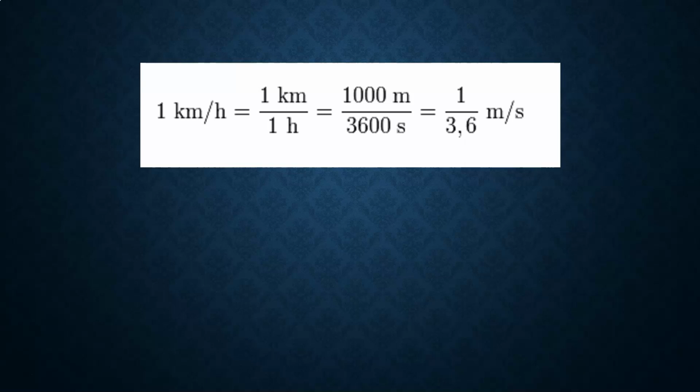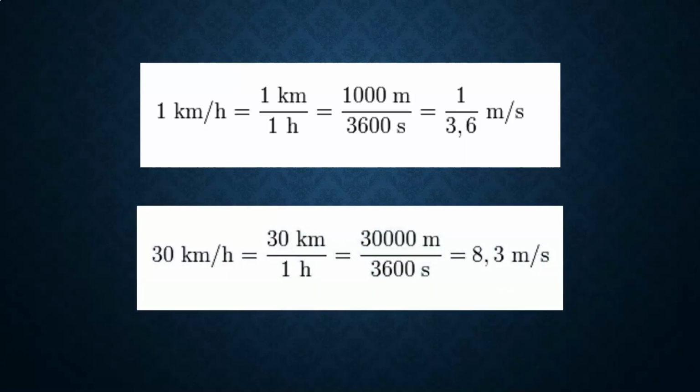If we then change that into meters per second, remember, there's 1,000 meters in a kilometer and there's 3,600 seconds in an hour. We said that earlier in the video. If we then simplify that, we've got 1 meter divided by 3.6. If we work that calculation out, that will give you your meters per second.